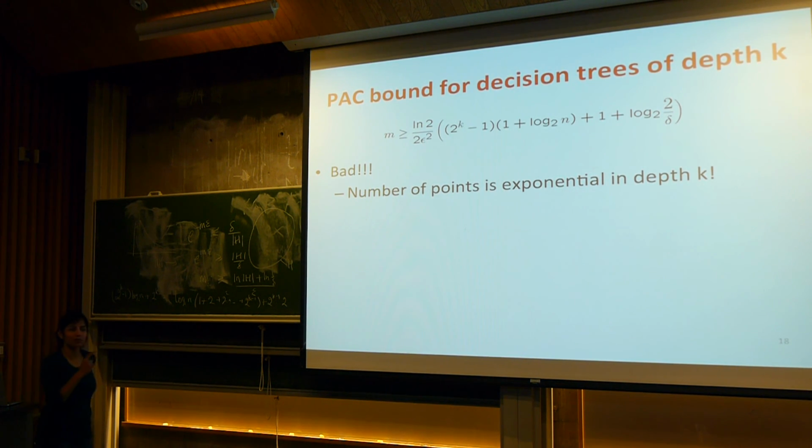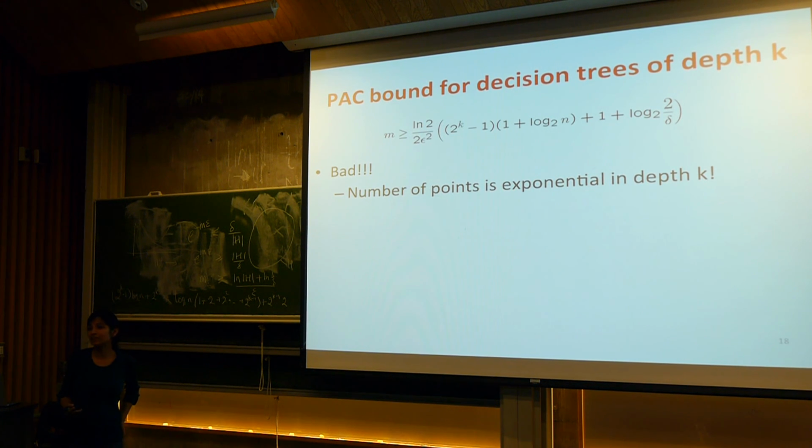Why? This should be sort of counterintuitive in some way. Can people think of why? I give you m data points, and I'm learning a tree on that. If I give you m data points, can you build a very, very deep decision tree?